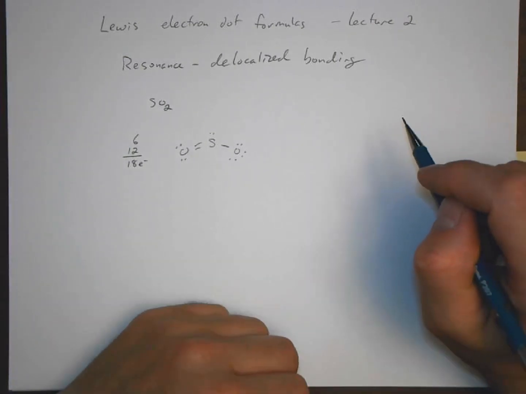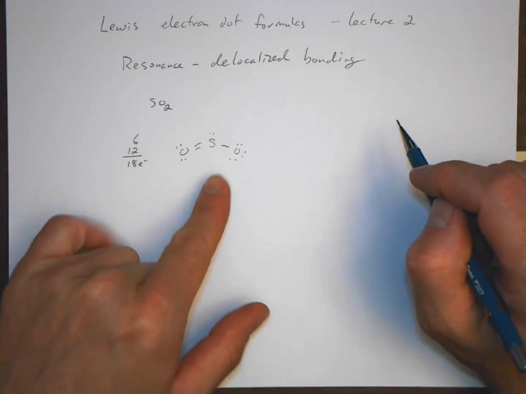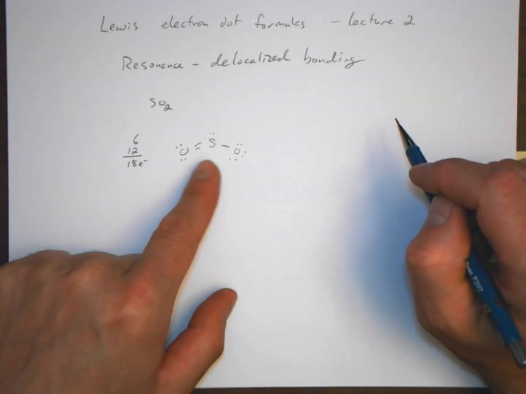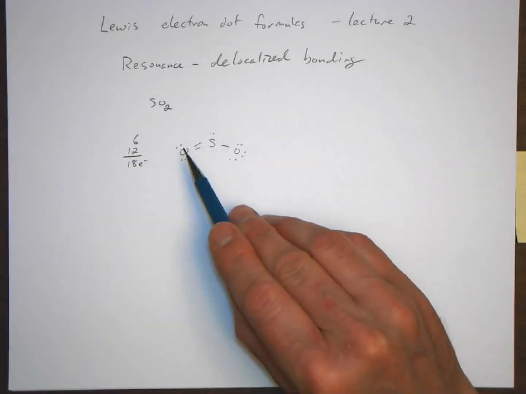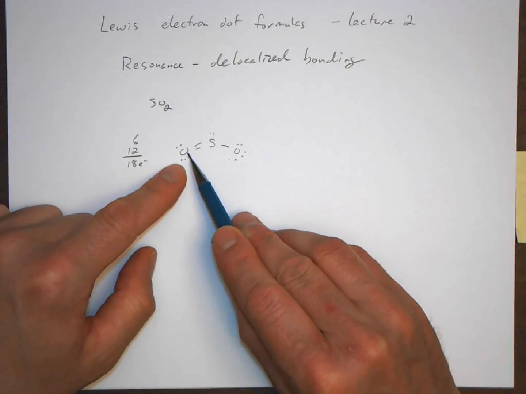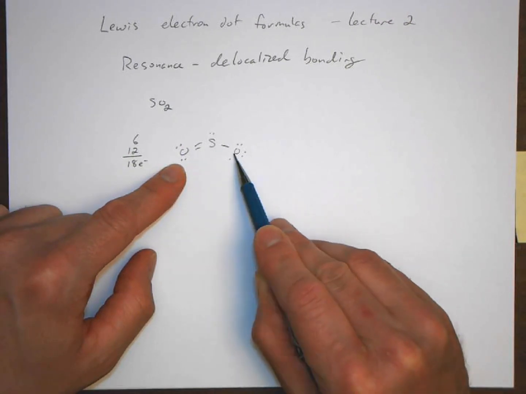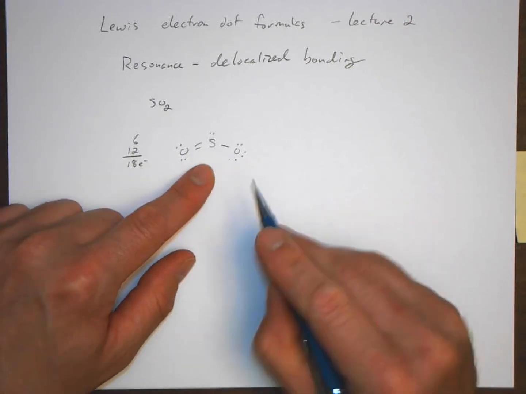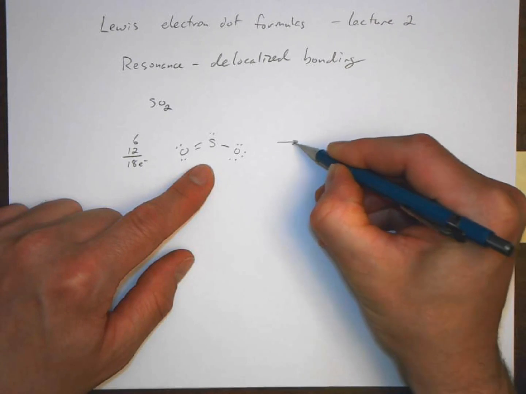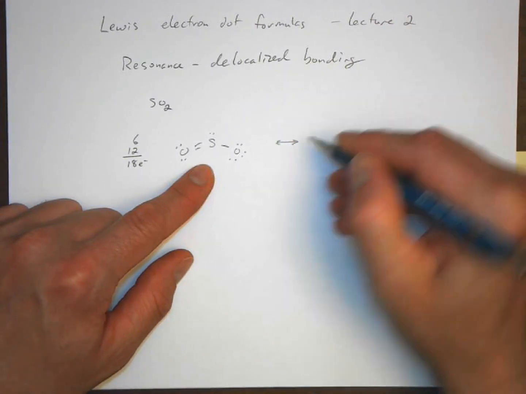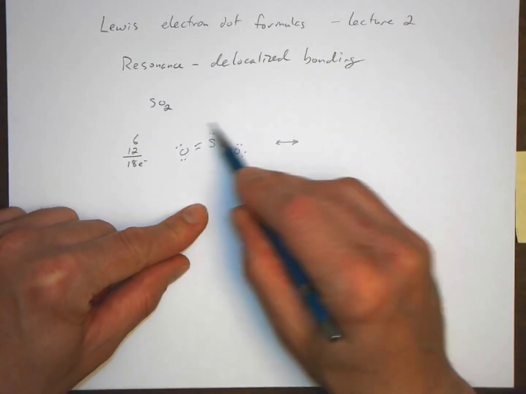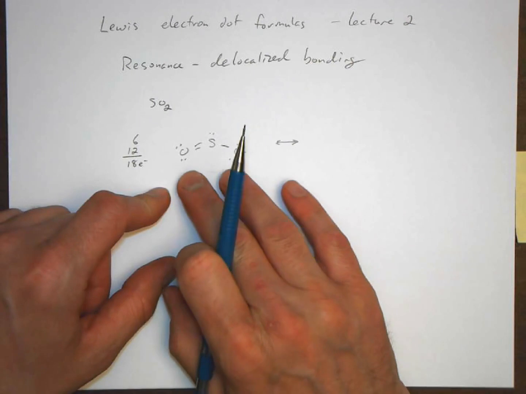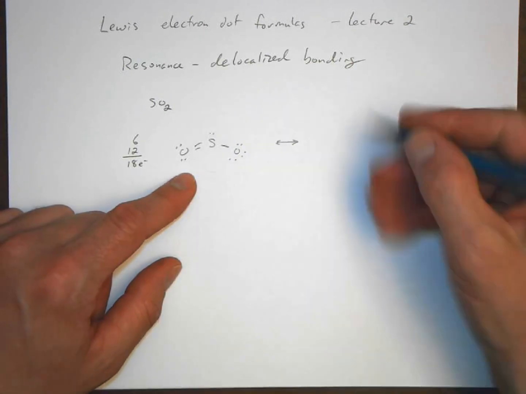The issue with this molecule is that we have a double bond going to one oxygen and a single bond going to the other oxygen. What happens with resonance is this. You can't describe the SO2 molecule with just this Lewis structure.